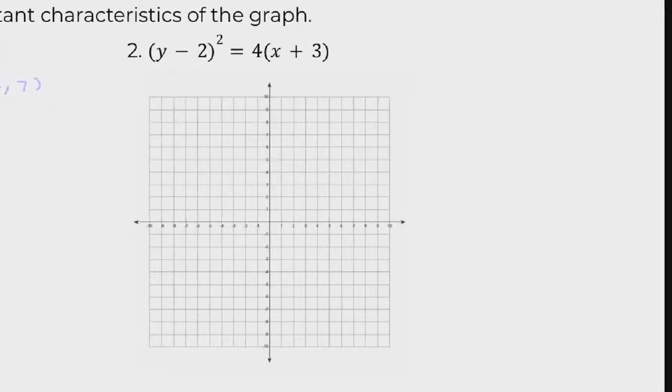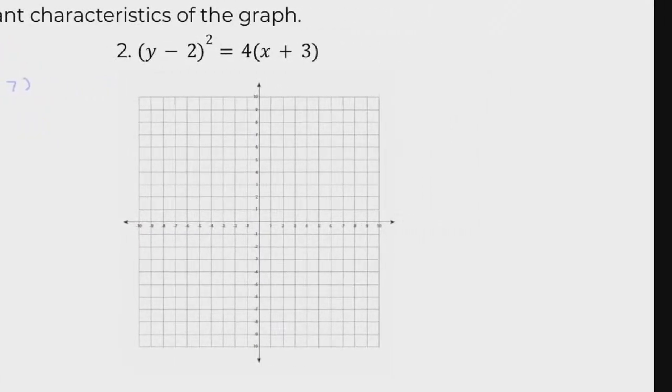Okay, next one we have (y minus 2) squared equals 4 times (x plus 3). Only one variable is squared, which is y, so that means this is going to be a parabola. And this is going to open to the right, since it's y squared and this number is positive.